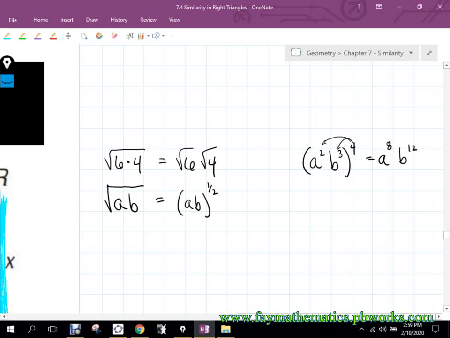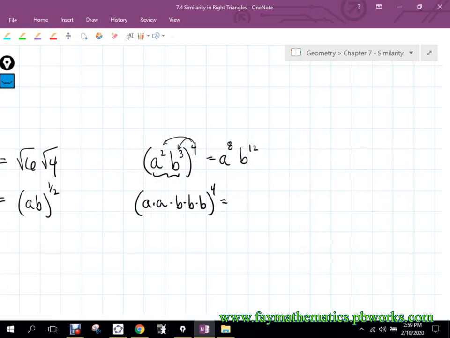The reason for that, think about this. A squared means A times A, right? B cubed means B times B times B, right? So if I do the inside and now look at that as a power of 4, doesn't that mean you now have 4 of these things?